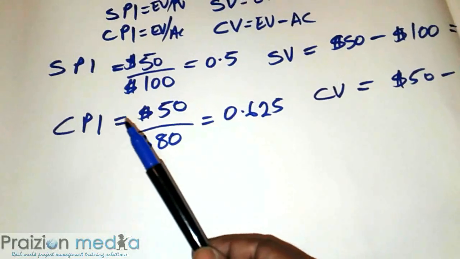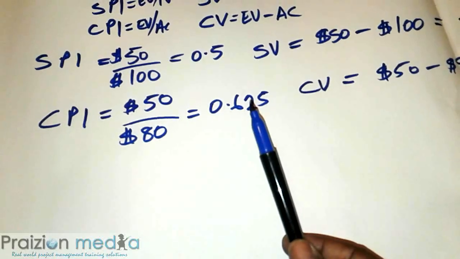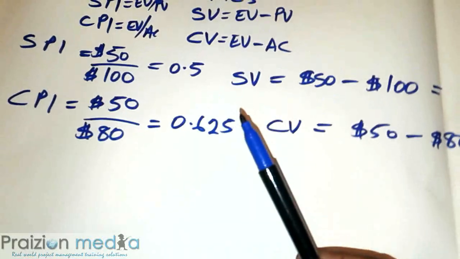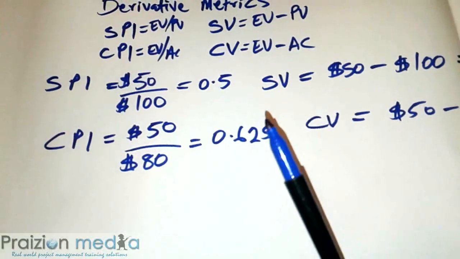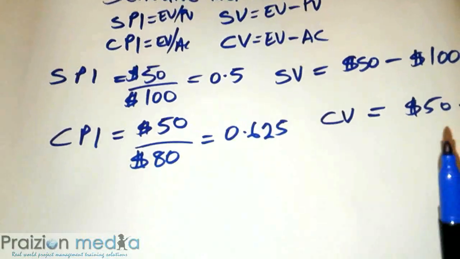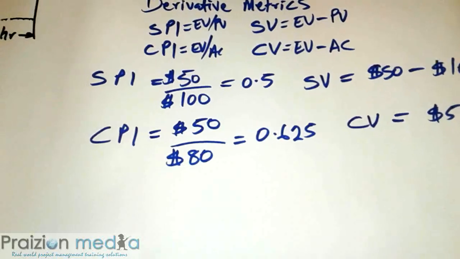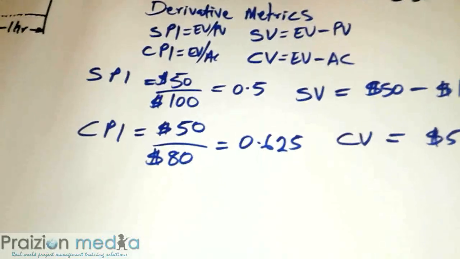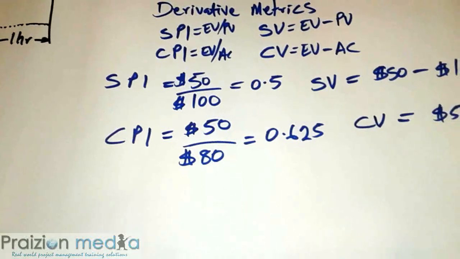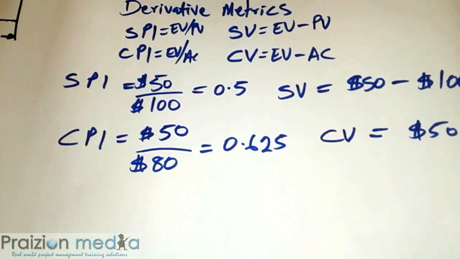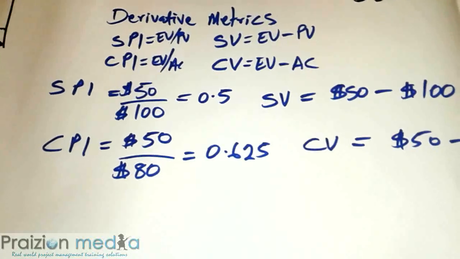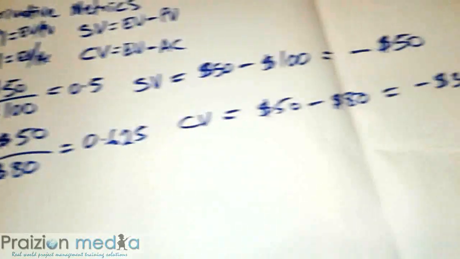And CPI, cost performance index, which tells us we are only 0.625 efficient. In other words, we're 62.5% efficient cost-wise, which means for every dollar we're spending, we're only getting 62 cents worth of work done. We're not breaking even, we're losing money.